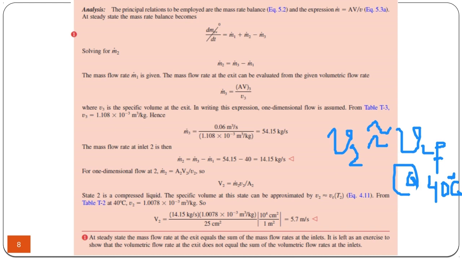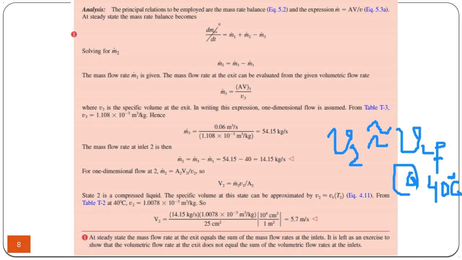So the temperature is given as 40. We can take the specific volume of the liquid at 40 Celsius saturation temperature approximately as the specific volume of the compressed liquid. So by using this compressed liquid value, we can calculate the velocity at the inlet 2, which is found to be 5.7 meters per second.